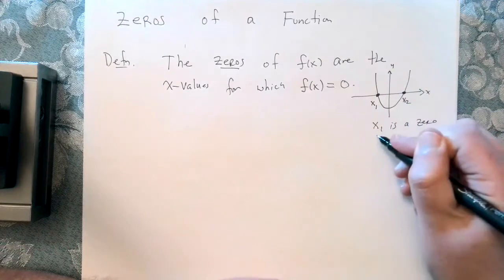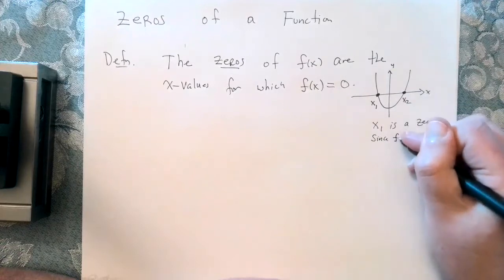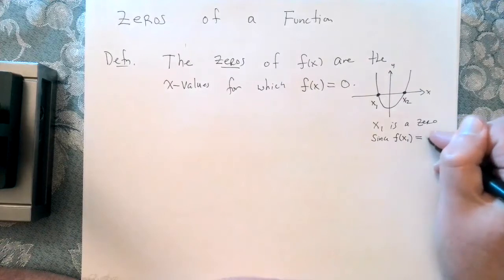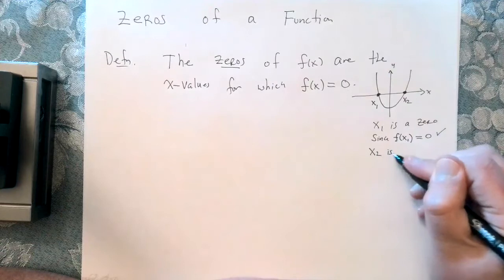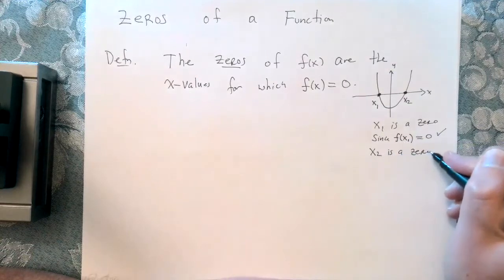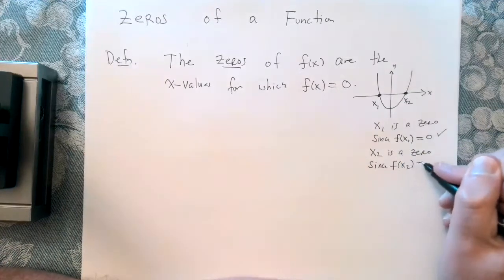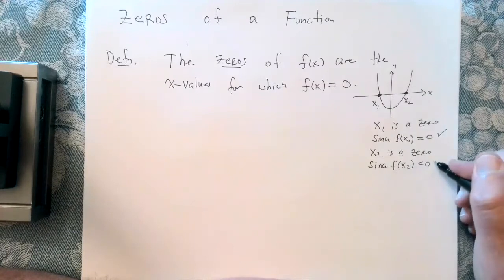Well, x1 is a 0 since the corresponding output or y value, f of x1, is equal to 0. And then similarly, x2 is a 0 for the same reason, since f of x2 equals 0. That's the x value that the function sends to 0.